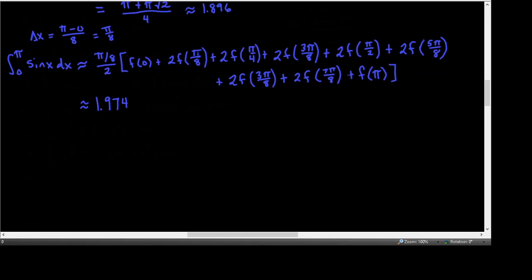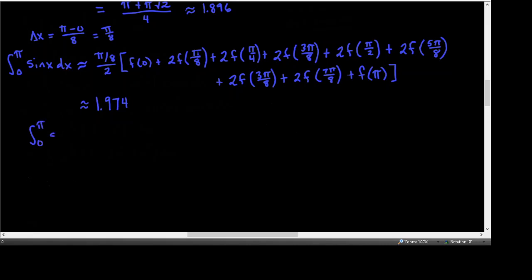So it's not quite as painful. It's still not fun, but it's not as painful perhaps as your typing is going to be if you type this one in. So go ahead and type that in, and you should get 1.974 for this approximation.